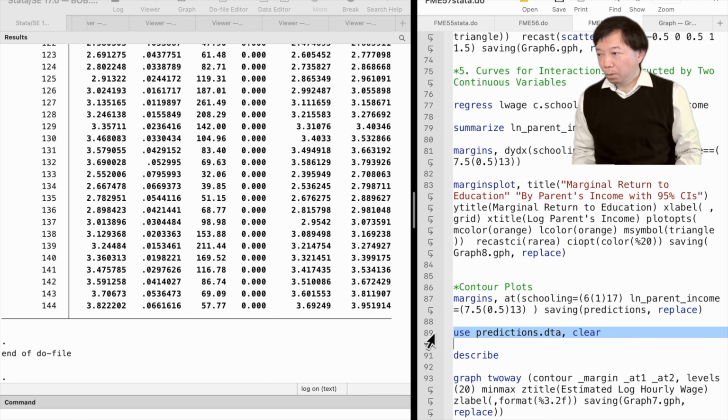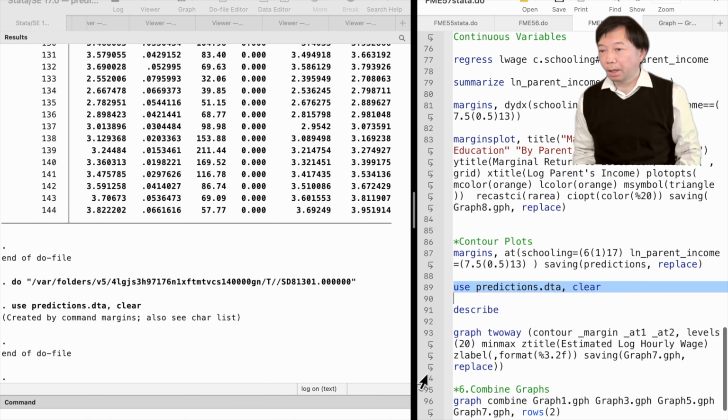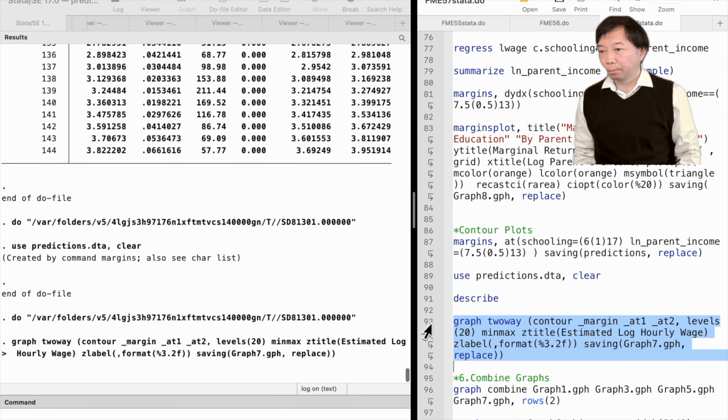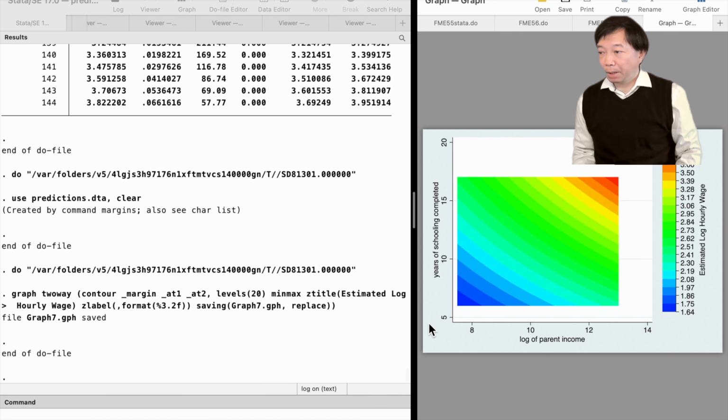Next, we open the new dataset and type graph twoway. Inside the brackets, we write contour and the corresponding values of the variables. The levels option specifies how many contour levels to draw. The 2 explanatory variables, years of schooling and parents' income, are on the x and y axis.